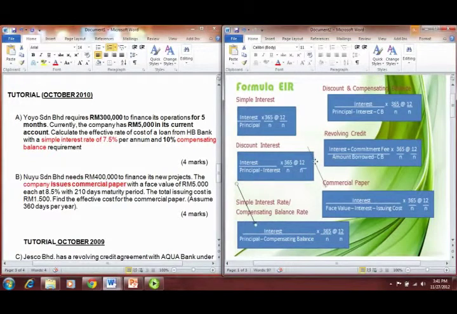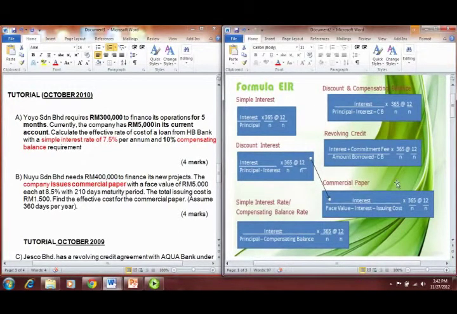As you can see now, this is your formula, because this formula is for commercial paper. You need your interest, your face value, your issuing cost. Principal, amount borrowed and face value are the same term. Don't forget to times your 365 over N. So now you have identified the formula.